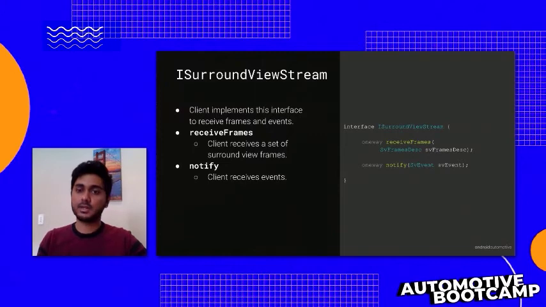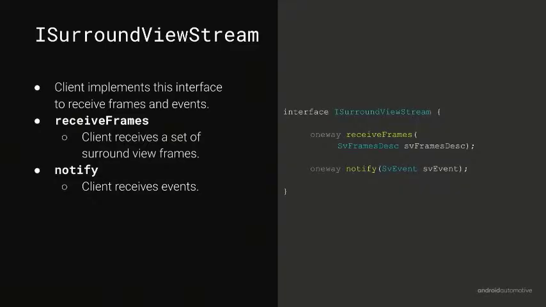Next, the surround view stream interface. This is implemented by the application, and the two methods here are one to receive the surround view frames, and the second one to receive events. And so the application provides this to the start stream call and starts receiving frames or events.